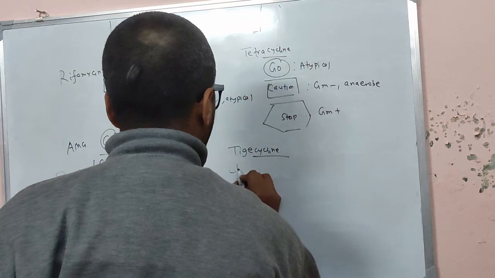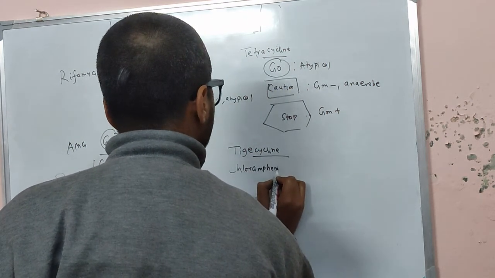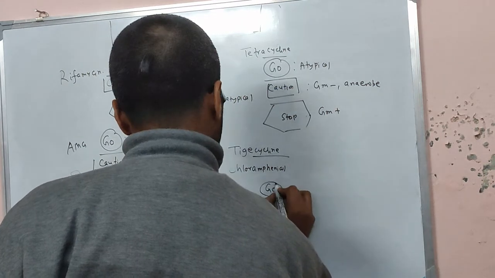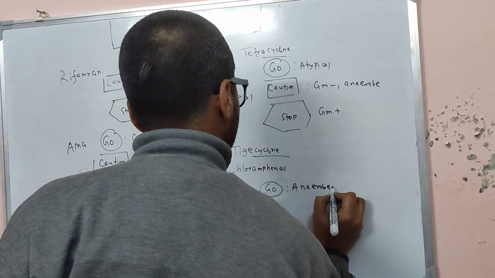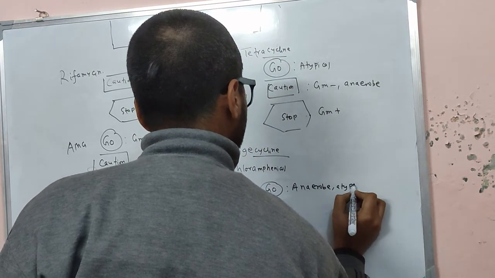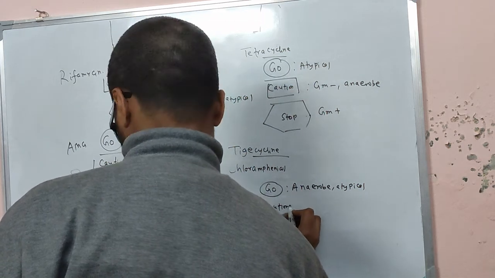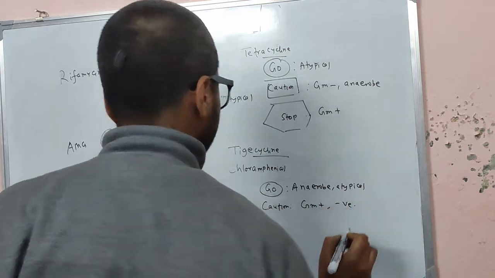And what about chloramphenicol? So chloramphenicol is fully effective against anaerobe, atypical, somewhat effective against gram-positive and negative.